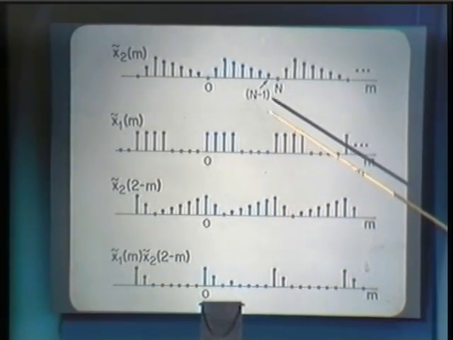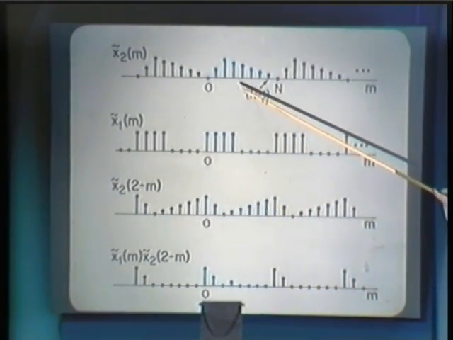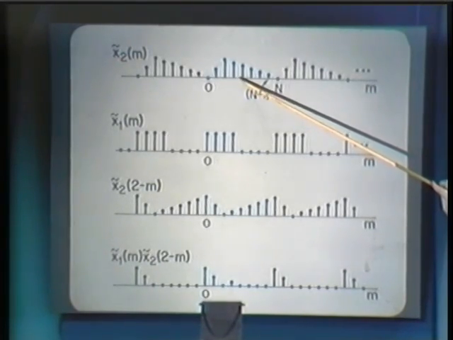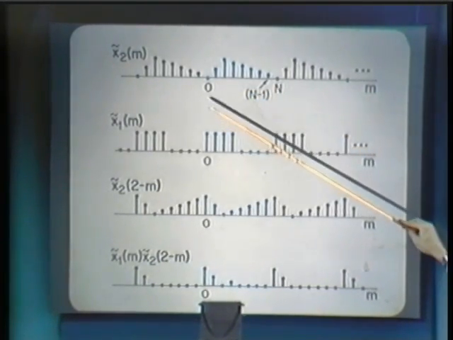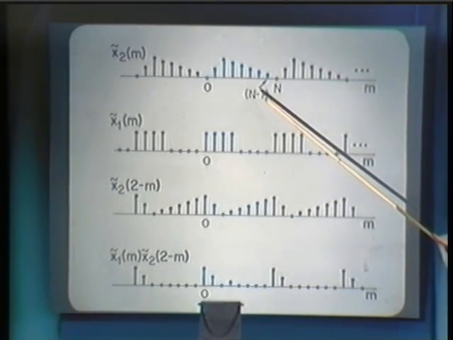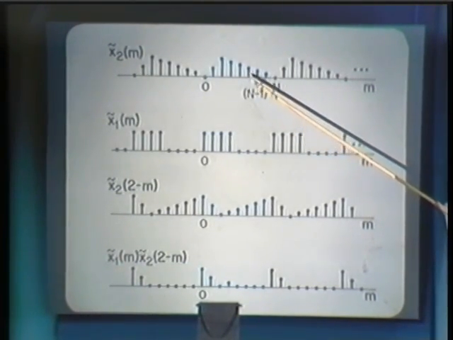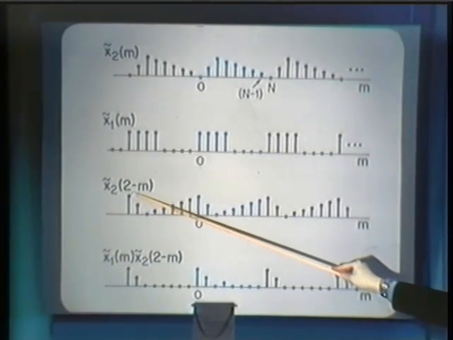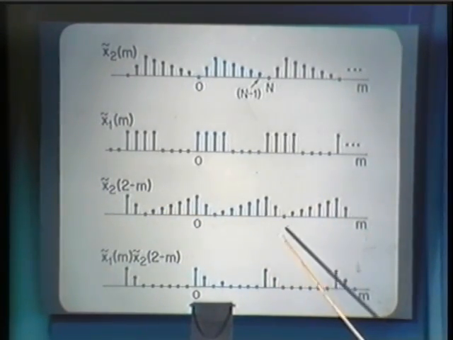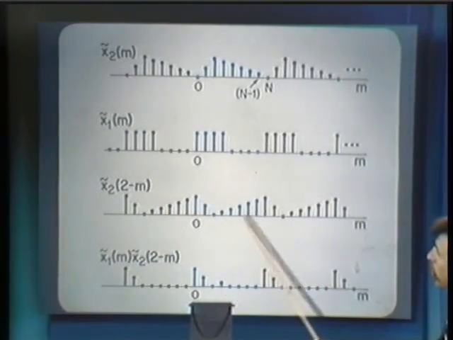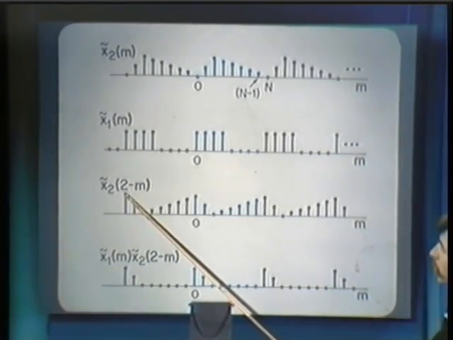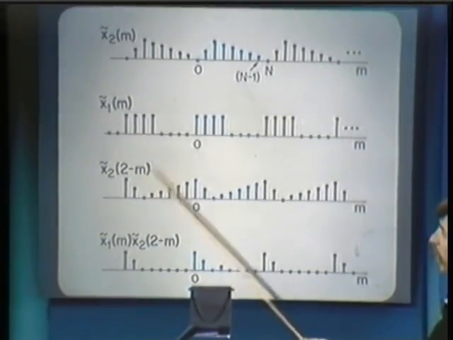So let's examine, first of all, the sequence which corresponds to replacing this by x2 tilde of n minus m, and let's do it for the specific case where little n is equal to 2. So I've illustrated here the sequence x2 tilde of 2 minus m.